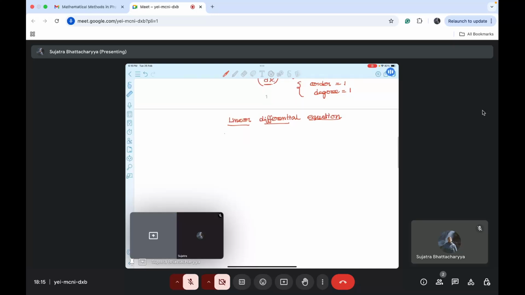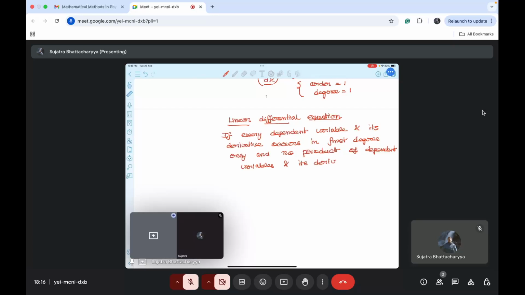So the definition is: if every dependent variable and its derivative occurs in first degree only, and no product of dependent variables and its derivatives are present.